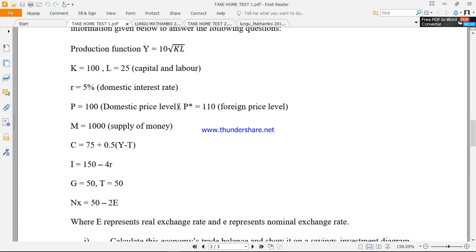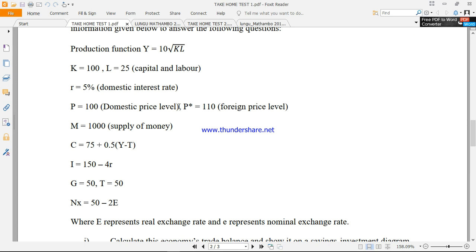Thank you. So my simple addition on this one is, remember Natasha wanted to multiply the 5% by the domestic interest rate. The reason they are showing this domestic interest rate is because this economy is like USA. It's an open economy, but its real interest rate is not determined by world economic forces.